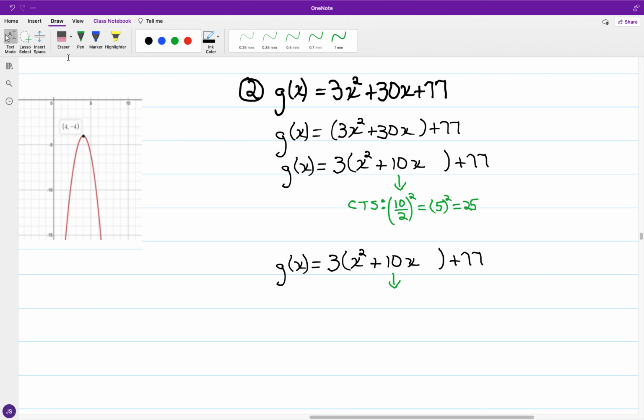Okay, so that is going to be 3 times the quantity of x squared plus 10x plus 25. And again, what I'm doing inside the parentheses is going to have an entirely different projection in terms of the overall picture, because I'm adding not just 25, but since I have this 3 out at the front, we will have overall the addition of 75.